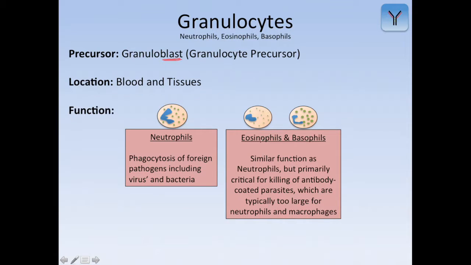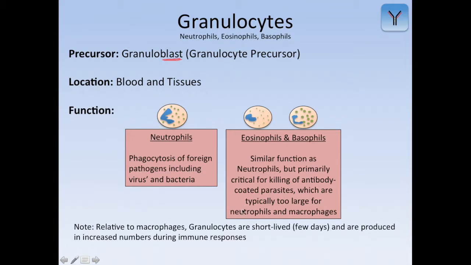So therefore, that's what eosinophils and basophils do. They actually attack parasites that have antibodies coated along the edge of the parasite, so that they can kill them because of their larger size.